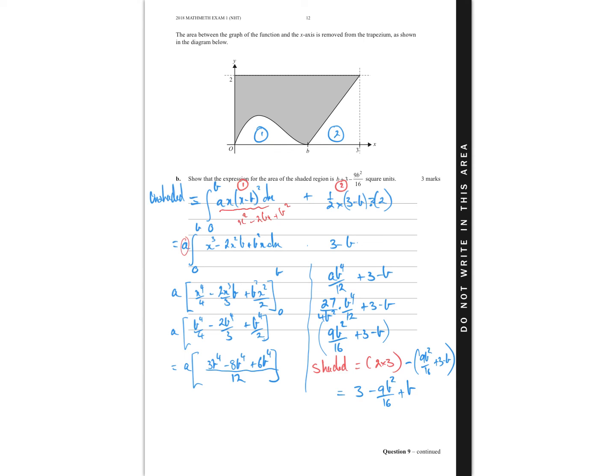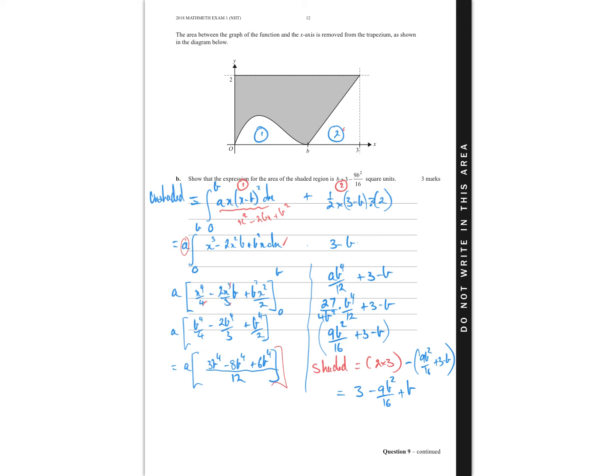I'll put the a out the front, multiply by x. So I've got that dx, integrate between b and 0. Don't forget the x is the pronumeral we're integrating with respect to. So add 1 to the power and divide, etc. So we end up with a messy looking expression.